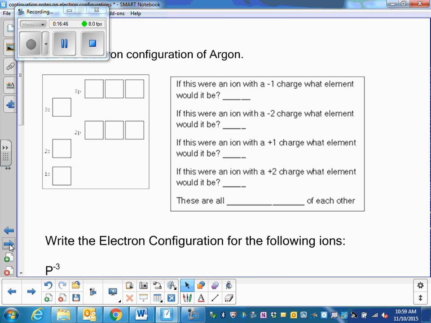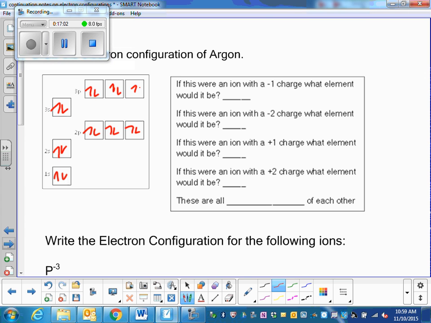So you have argon. Argon has 18 electrons. So if you draw the orbital diagram for argon, all right, it'll look like this. All right, 3p6 is completely filled.